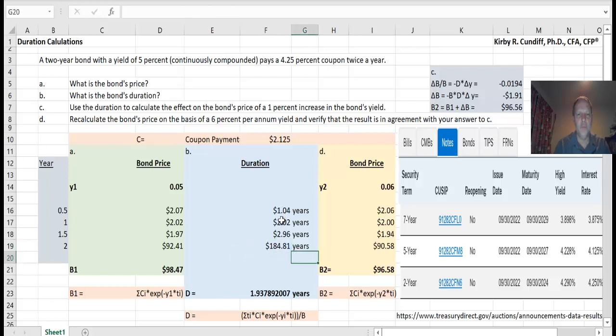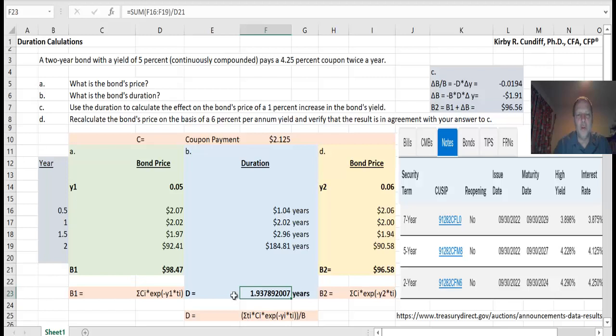Now we sum all of these terms, and then we divide by the price of the bond. And we end up with a duration of approximately 1.94 years. So the maturity of this bond is 2 years.